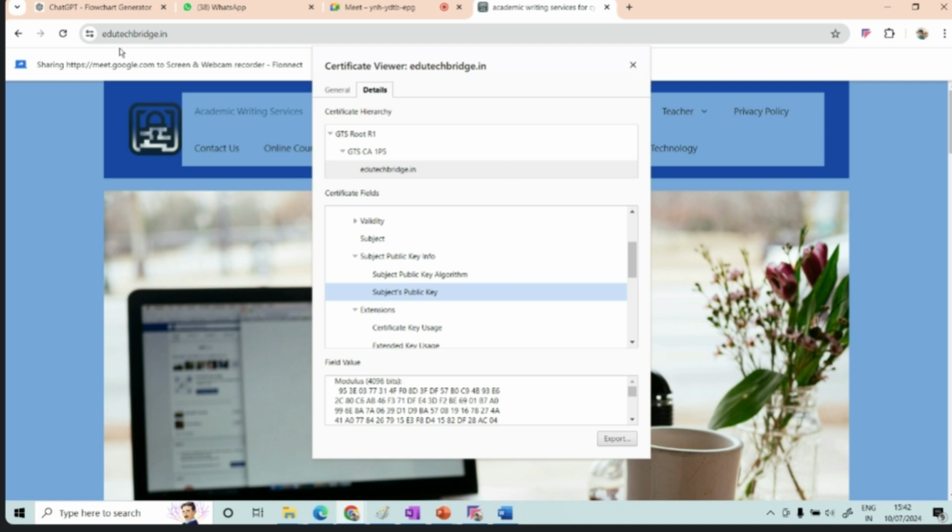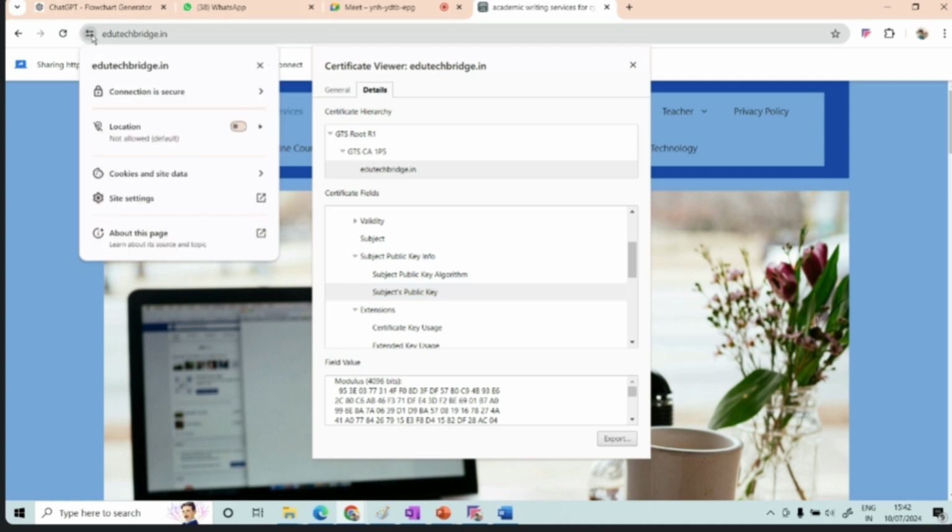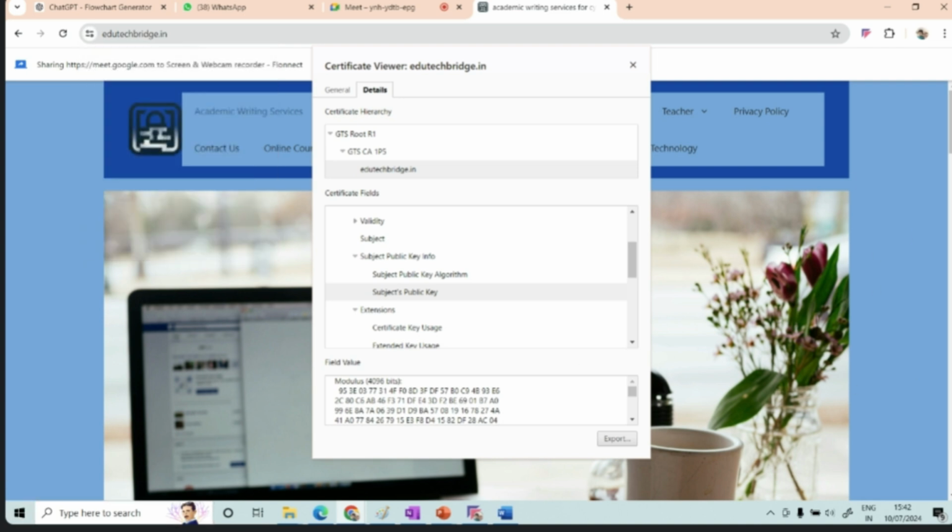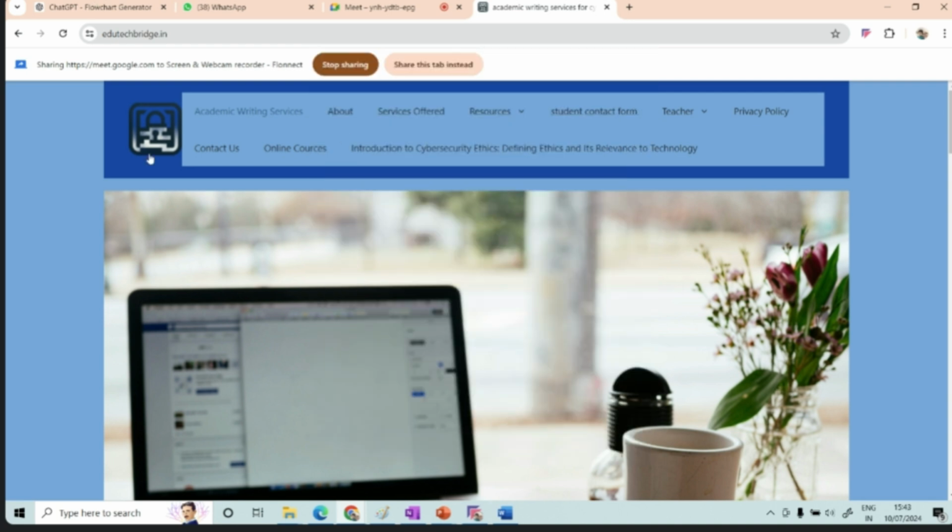If you see the lock here, it means your website is secure and encrypted. All data communicated via this website is in encrypted form. If there is no lock or this kind of symbol, it means data communicated between the user and the web server is in plain text form, so anyone can attack or see the data. That's why encryption is done.